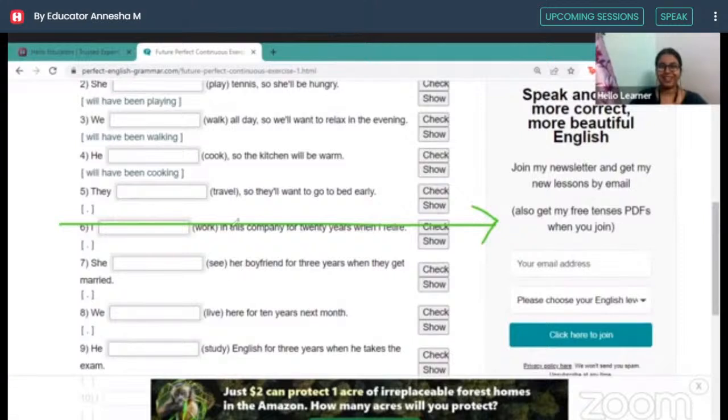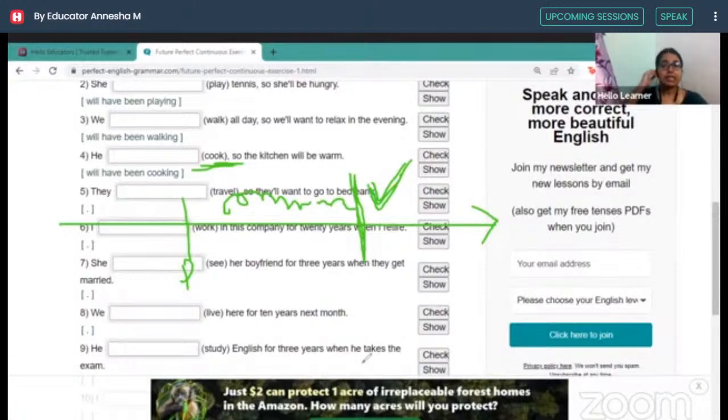So if we take this as a timeline, this is our present. I am predicting that this action of he will have been cooking will happen for some time in the future. What will be the result? The result that we will get is that the kitchen will be warm.